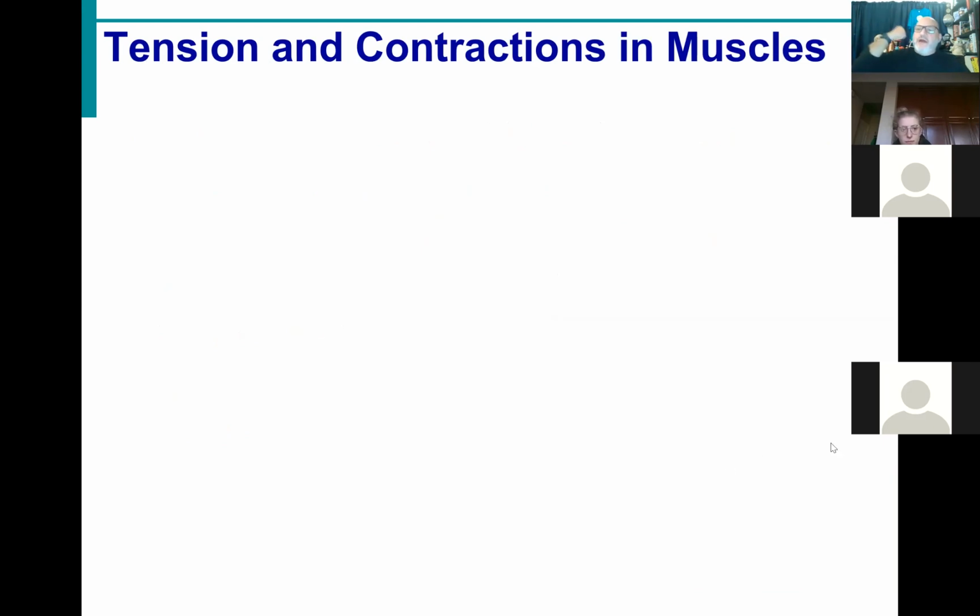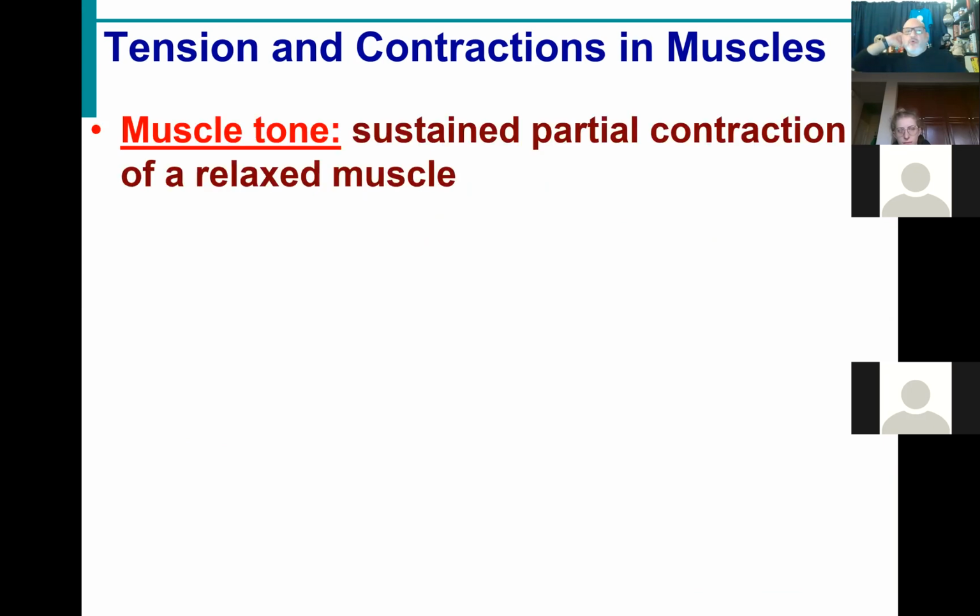Now that we know how to get these muscle cells to fire together to produce our tension, we can start talking about how that tension affects the entire muscle, moving the muscle through space. We kind of talked about this a little bit before. While you're sitting here in your chair, your leg muscles are in a relaxed state.